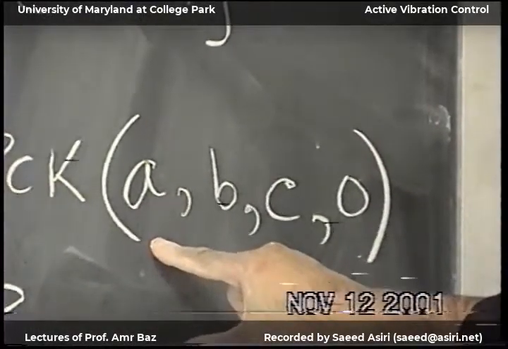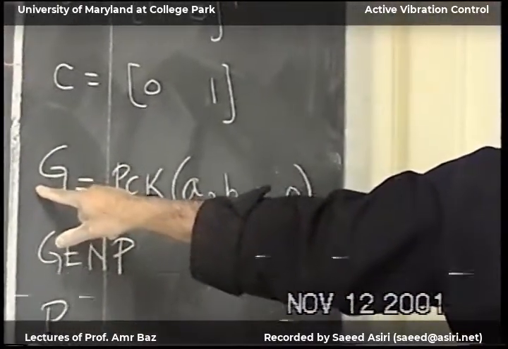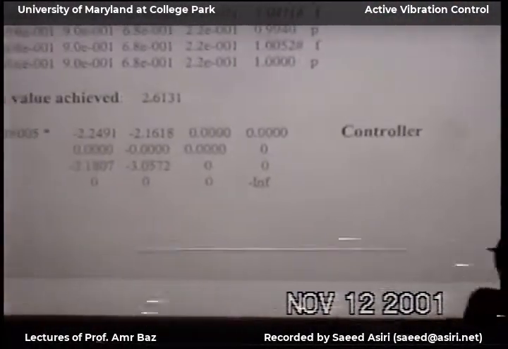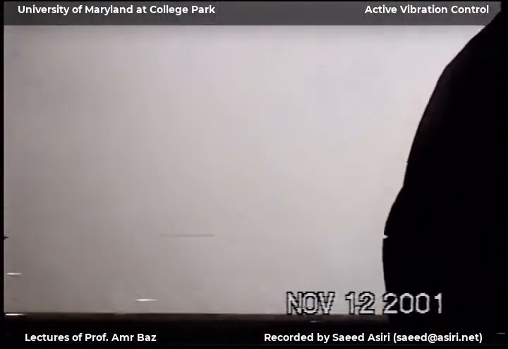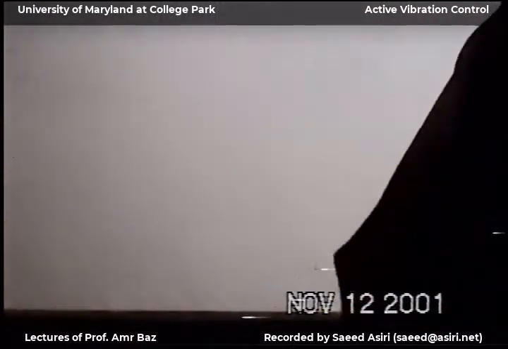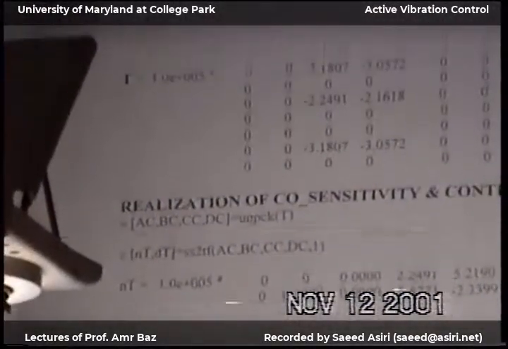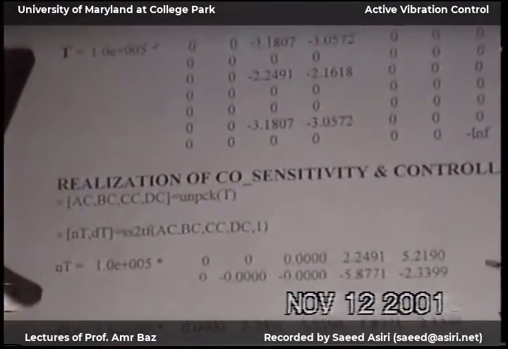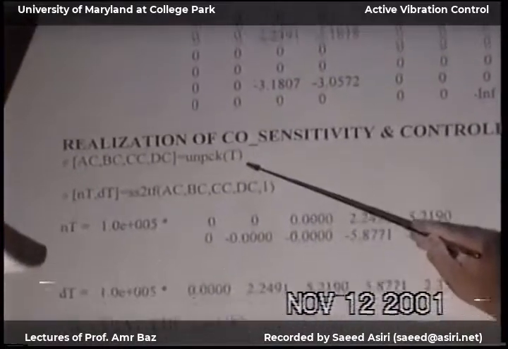I pack them in a transfer function. If I have the transfer function, I unpack it to get these. So now I go from k, which is for the controller, and the t, which is the cosensitivity, and I unpack them.